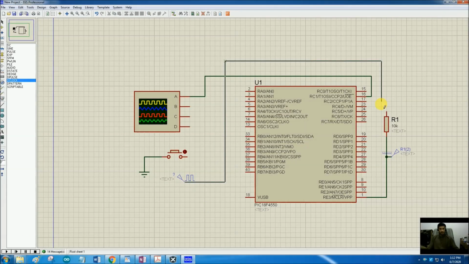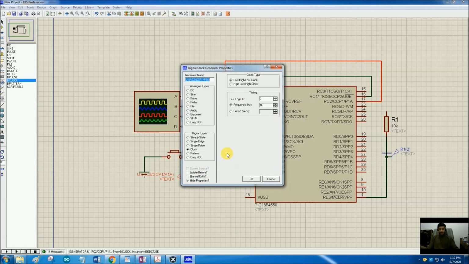This is the frequency I want to measure. This is my source. Let's say my unknown frequency was 1 kilohertz. This is known in my case because I want to check whether my program is working fine or not. But let's assume that this frequency was unknown.